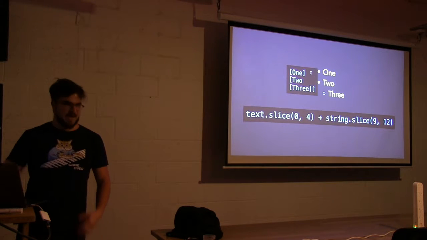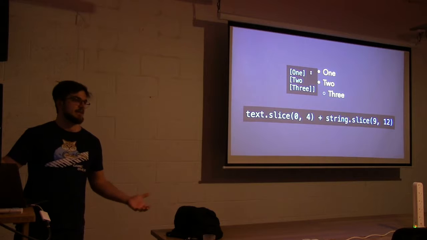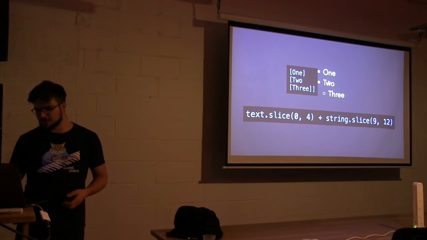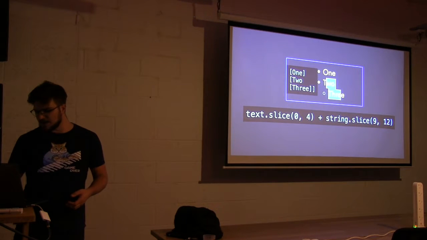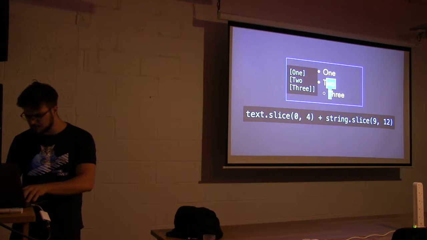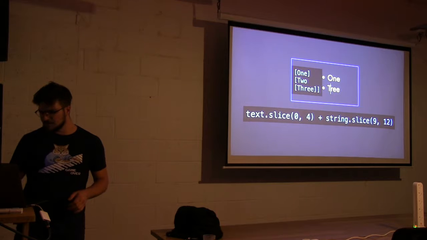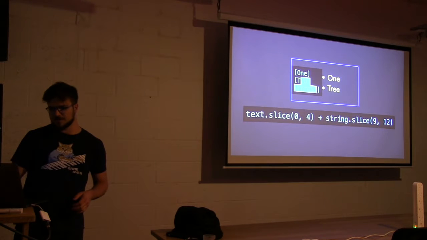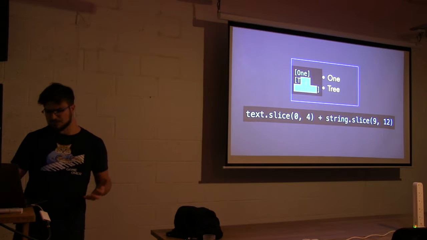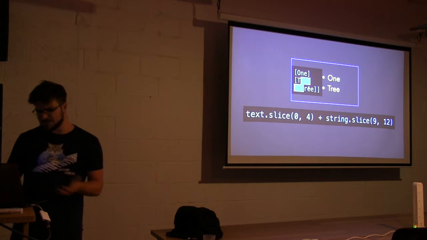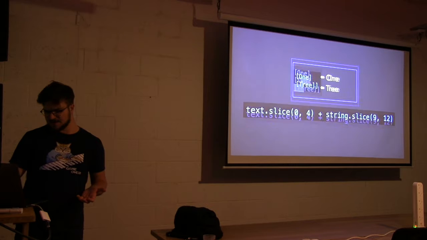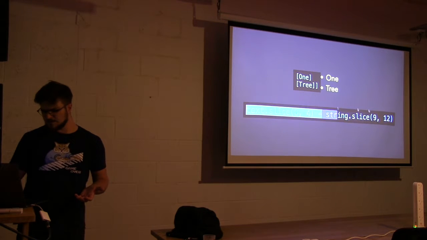So let's say I want to do the same operation, right? I want to delete this text. What did I do? I made this into a tree. That's right. Now, if I want to do that with a model that is a text model, it's a lot easier. It is literally just this.